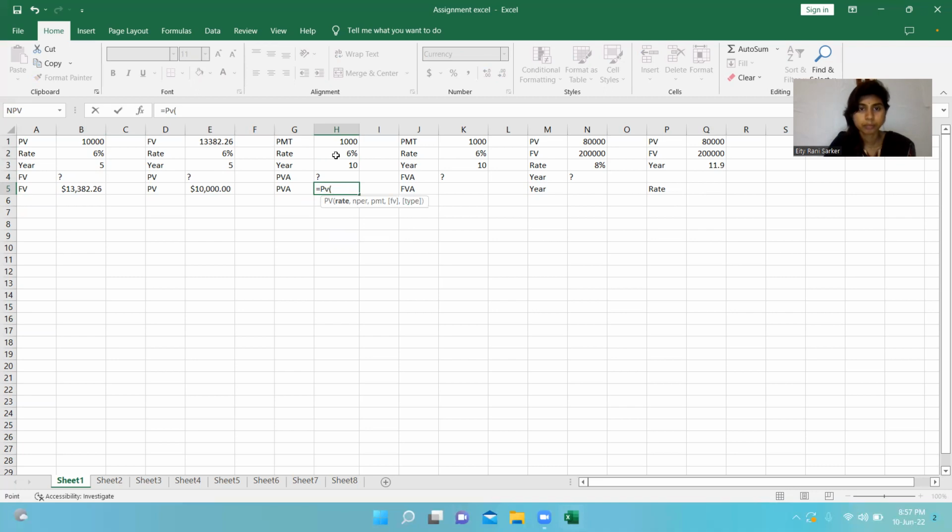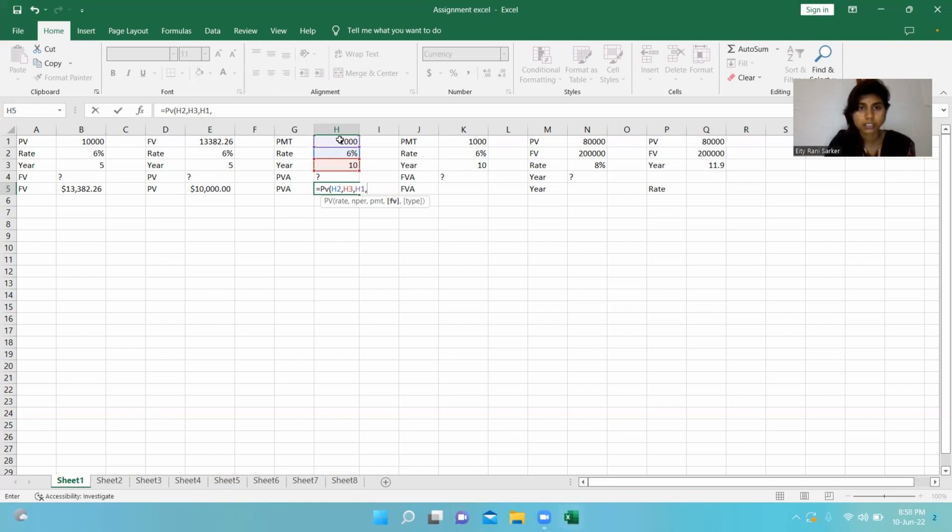rate, then NPER, select the year, then select the PMT, then FV.